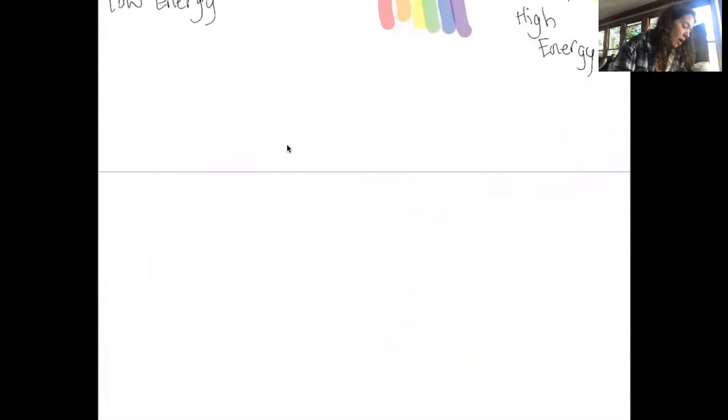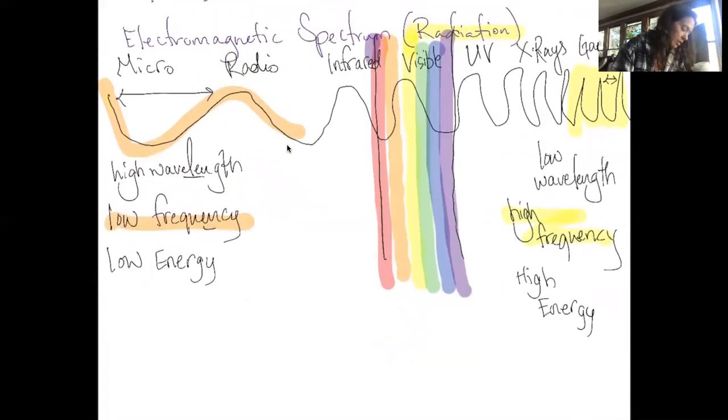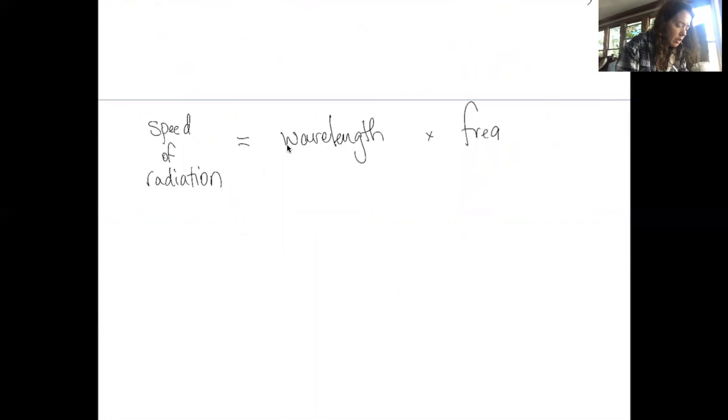Now we can quantify, we can talk about these values numerically, right? And we can use our speed equation. And we can say that the speed of radiation, of what's radiation? It's light, is equal to the wavelength of that radiation multiplied by the frequency of that radiation.